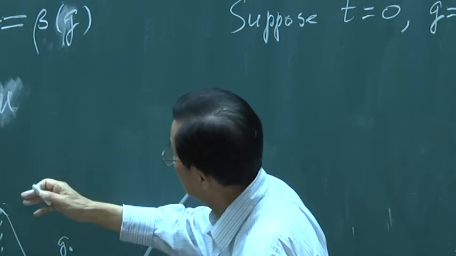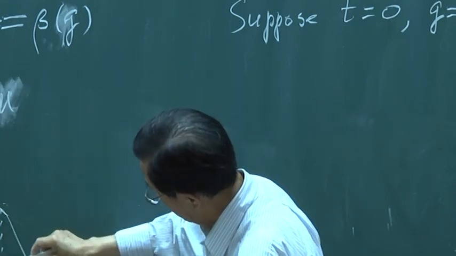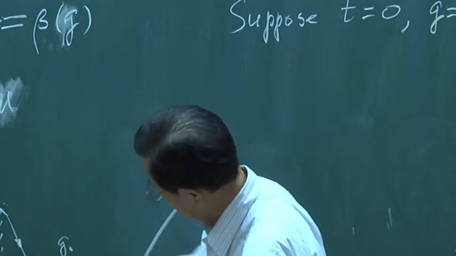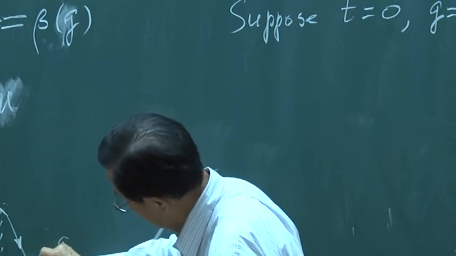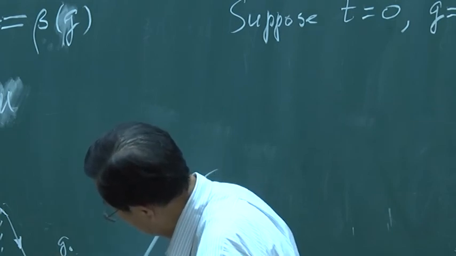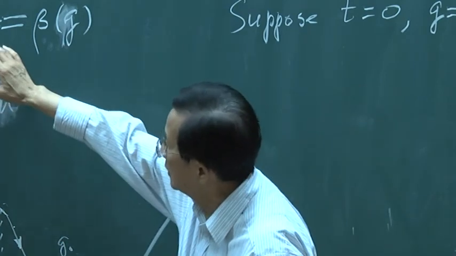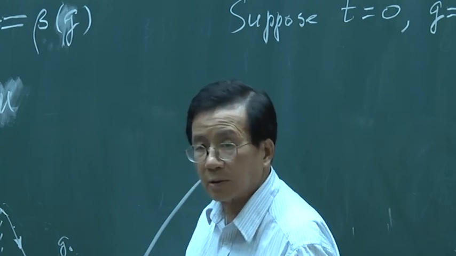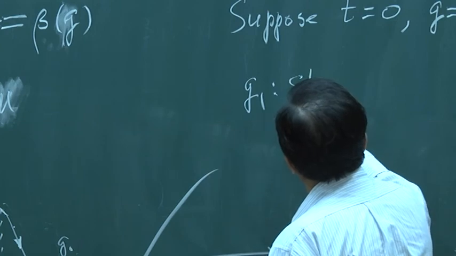So as t increases, g will increase, going this way. So let's call this G1 here. On either side of G1, if you increase the momentum, the coupling constant always converges to this G1. So this G1 is called a stable fixed point.